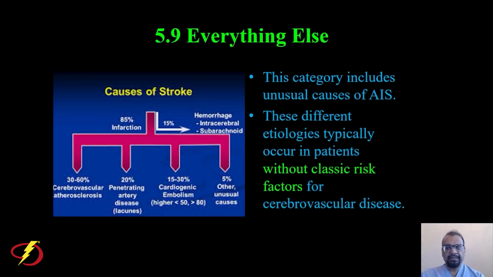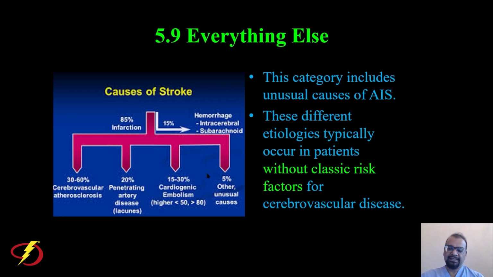And then finally, we have a category where if these are not large vessel atherosclerotic disease, not small vessel disease, not cardioembolic embolisms, not in that category of ESUS, there is another category which is just referred to as other causes, okay? Now, these are unusual causes of acute ischemic stroke.